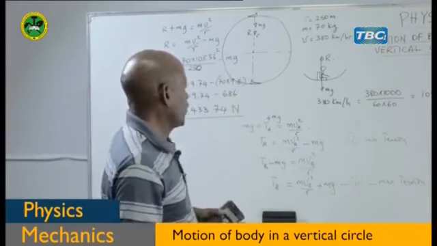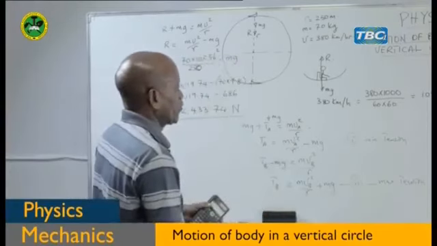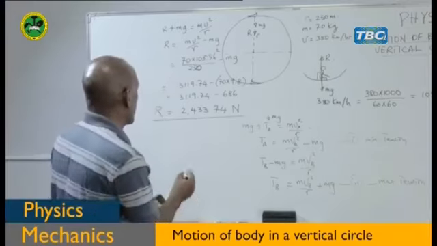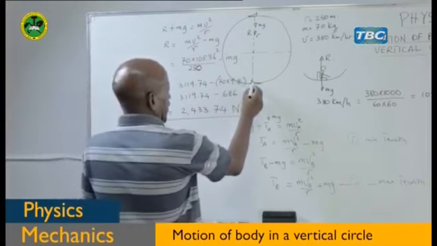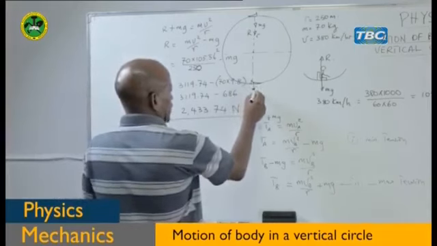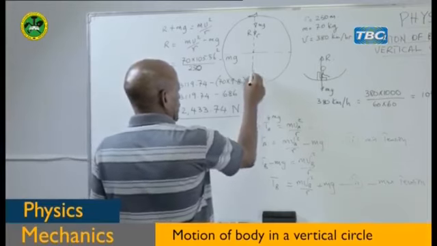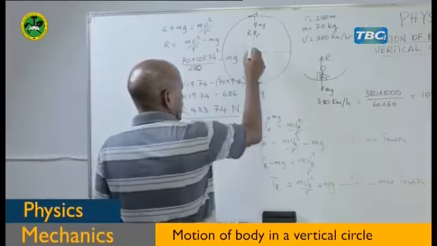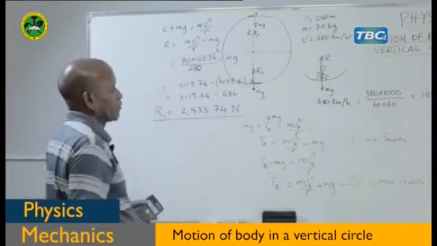So at the bottom of the loop, we are now going to use equation number 2. Whenever he is here, his weight is mg acting downward, but the reaction from his feet is acting upward there. So this is R1, let me call this R2. This is R1 at the top.